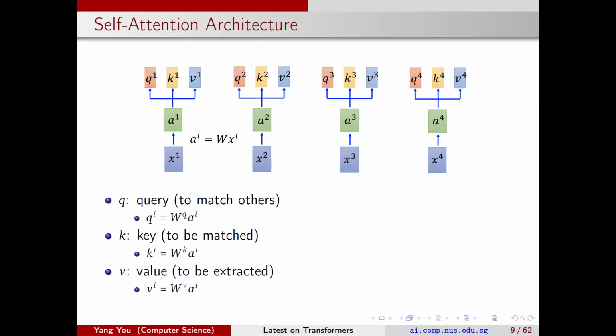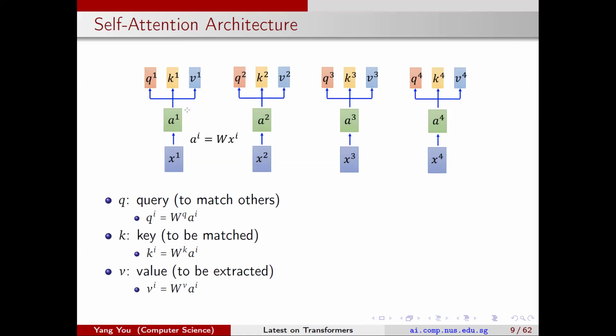Then we normally use an embedding, which is just a matrix vector multiplication. So assume our embedding processes the input data into A1, A2, A3, A4.